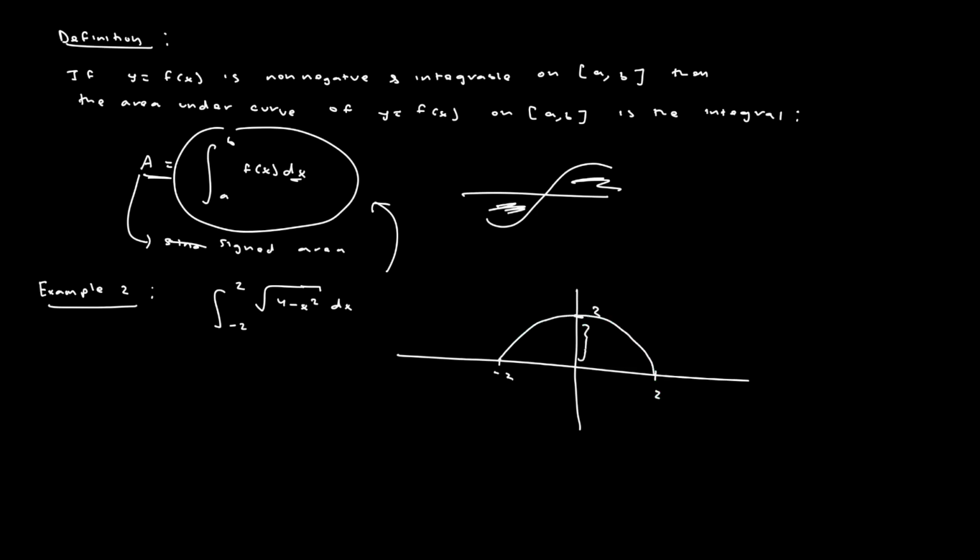And we know how to find the area of a circle. So we can easily calculate the actual area using geometry, and that will be the value of the integral. It will simply be pi, then r squared is 2 squared, and then divide by 2 since it's half a circle, and so we get 2 pi. And so now you've evaluated your first integral.